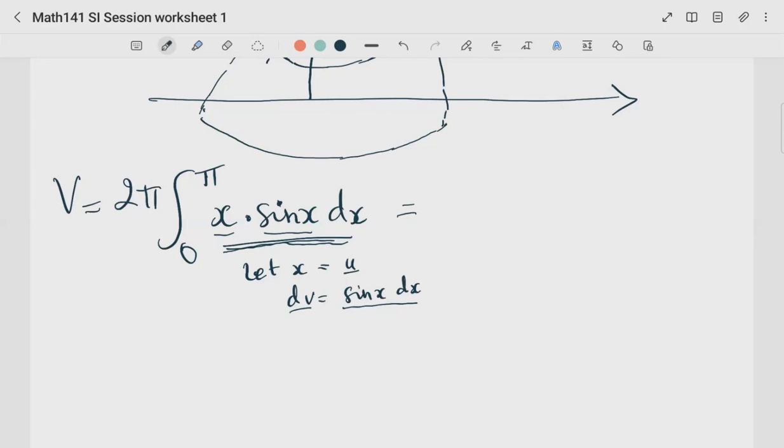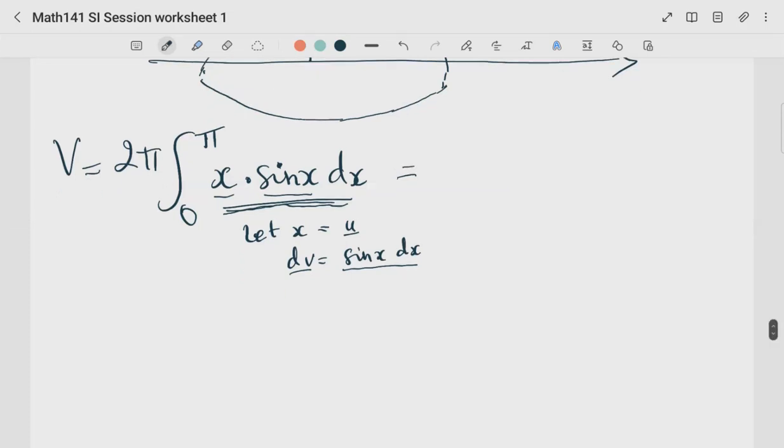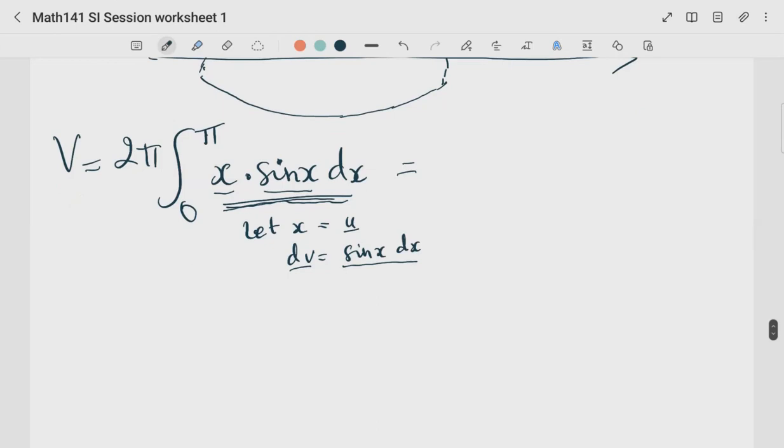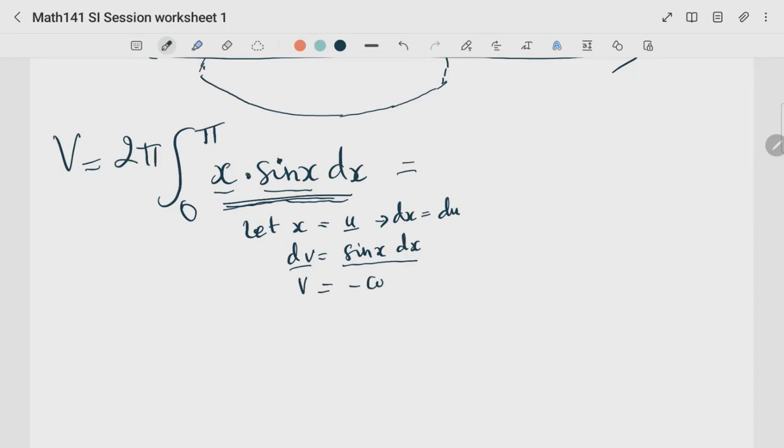Right, thank you. So now the integration by parts formula tells you that x is equal to u, which means that dx is just equal to du. And if dv is equal to sine of x, v is equal to negative cos of x, right? So now you can bring it back to the original function.